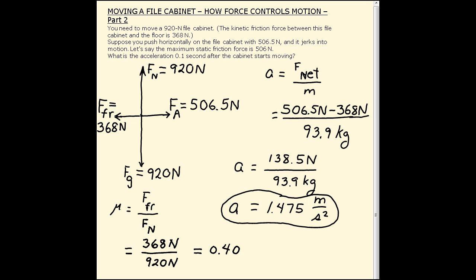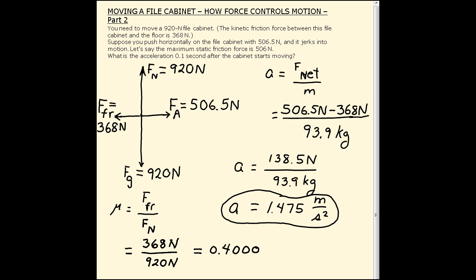If I continue to assume that the 920 newtons is 3 significant digits, then I'm okay with you giving me either 3 significant digits or 4 significant digits in the answer, in which case you would have 0.4000.